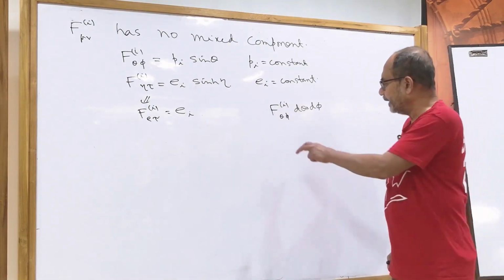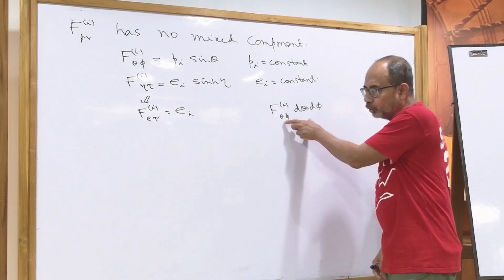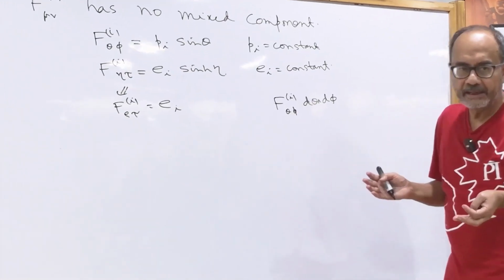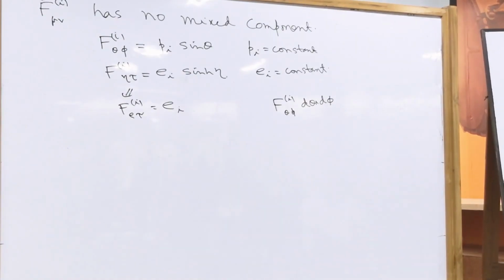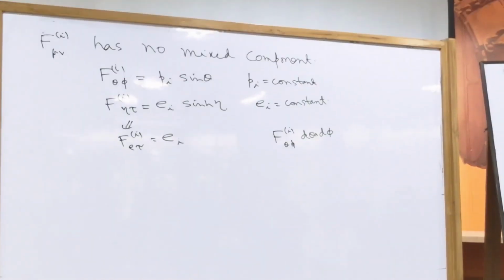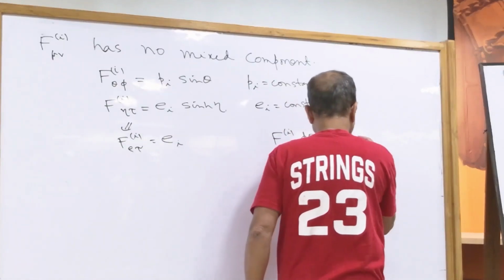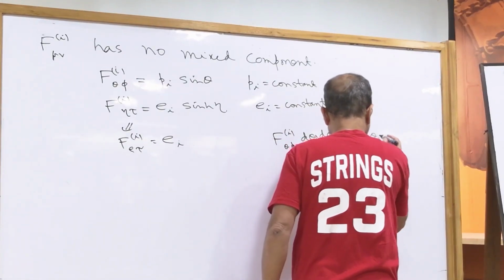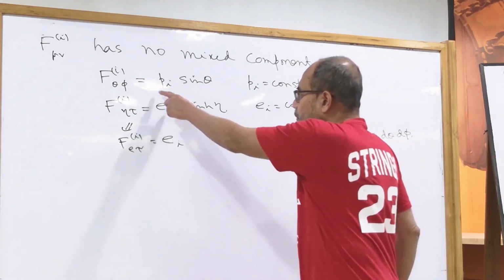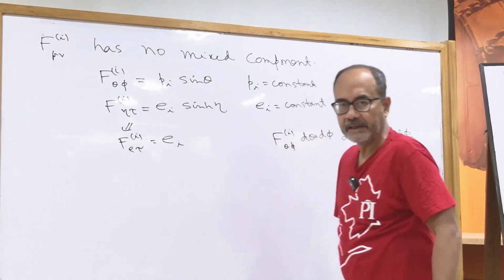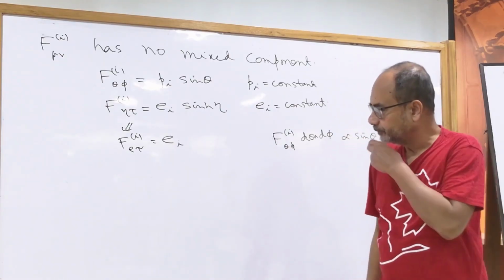But if you are familiar with this language, if you think of this as a two form, then this should be equal to the area form. And the area form in this case is square root of minus determinant g, which is sin θ. So this should be proportional to sin θ dθ dφ. And that's what leads to this form, that F^i_θφ is proportional to sin θ, and similarly proportional to sinh η.